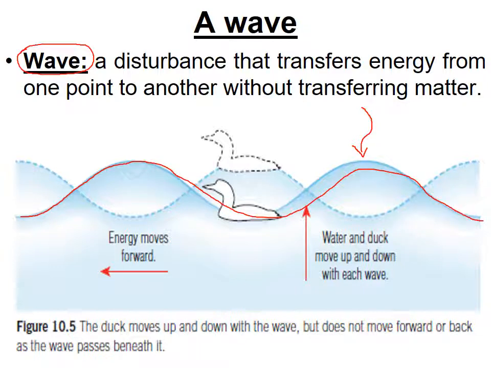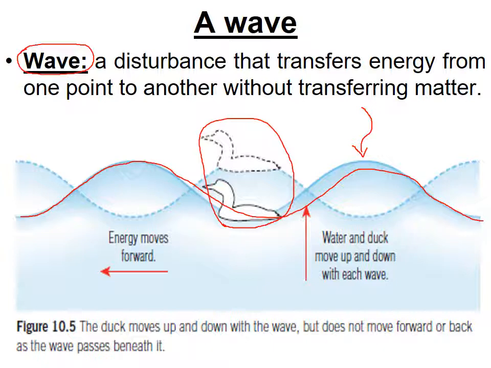Now, as that water is moving from one area to another, we can see there's a duck over here. Now, that duck moves up and down on the wave, but is not moving forward or backwards as the wave passes it, which is our definition of what a wave is.